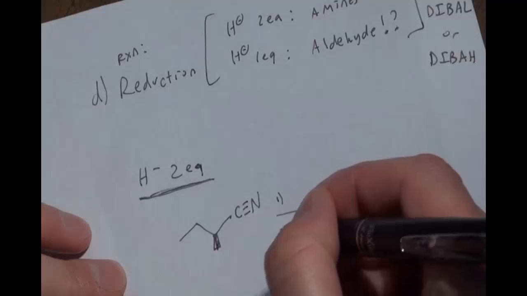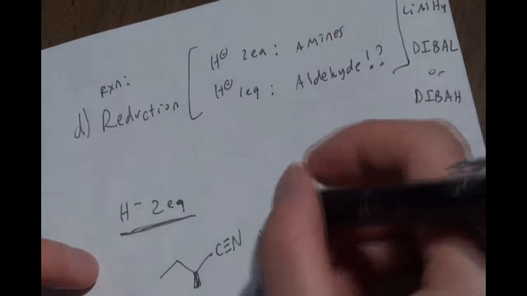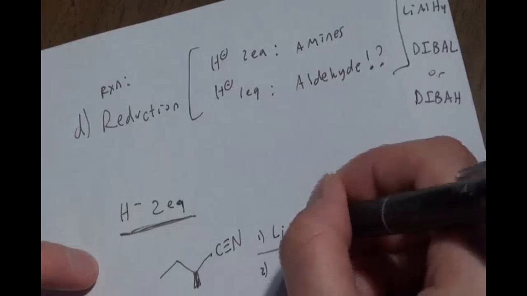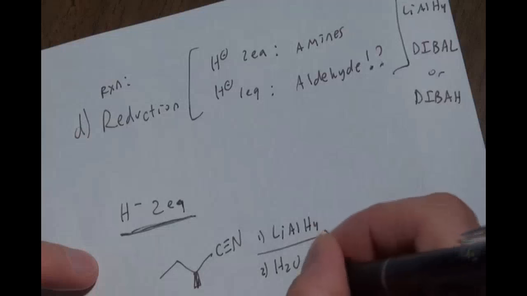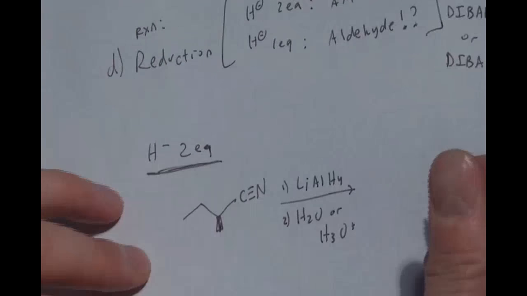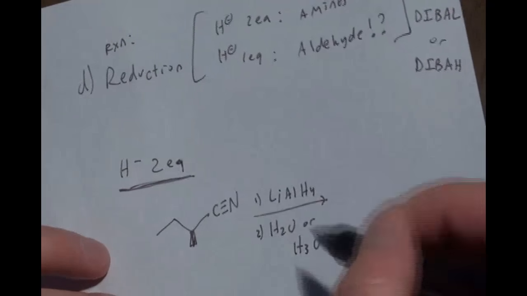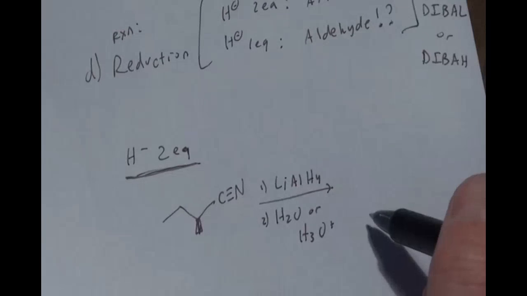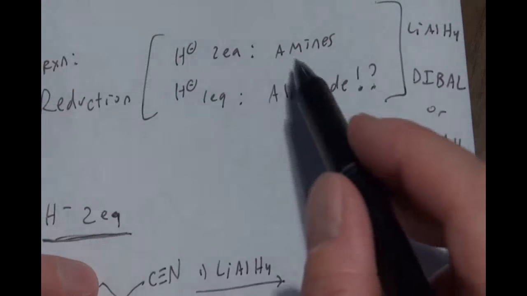What's the reagent for 2 equivalent? Oh yes, lithium aluminum hydride, then H2O or H3O+ will work. And what's going to happen is that we're going to get a double reduction of the nitrile to which functional group? To an amine.